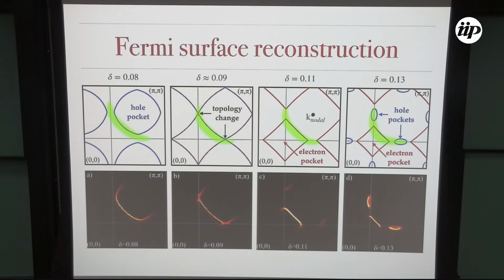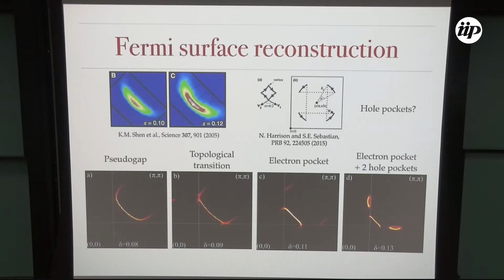The result is presented here. It's the Fermi surface at 8% doping, which looks like a pseudogap. There we have a topological phase transition, an electron pocket and an electron pocket plus 2 small hole pockets. So we can compare this result with the ARPES data.